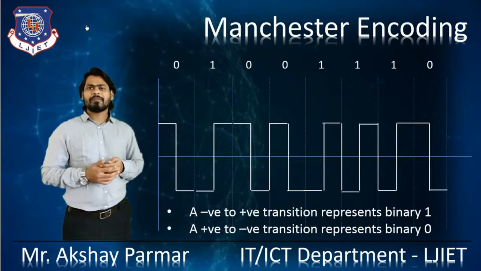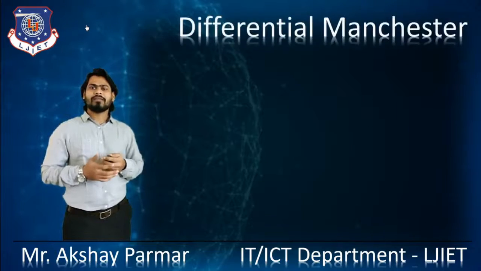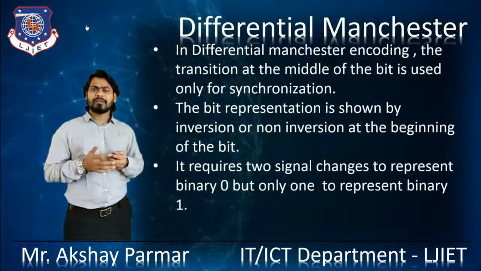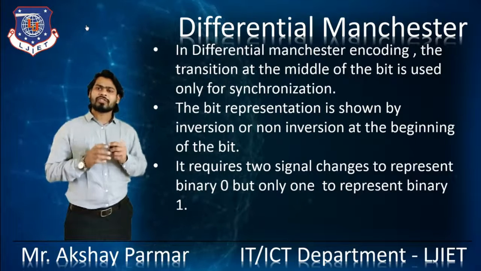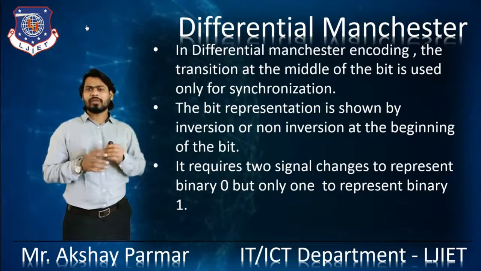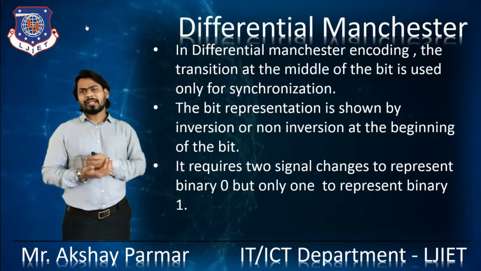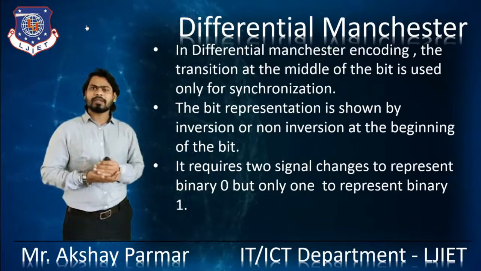The other type of biphase is the differential Manchester, right? So let's see what is different in the differential Manchester. In differential Manchester encoding, the transition at the middle of the bit is used only for synchronization, whereas in the Manchester technique it is used for both synchronization and bit representation.